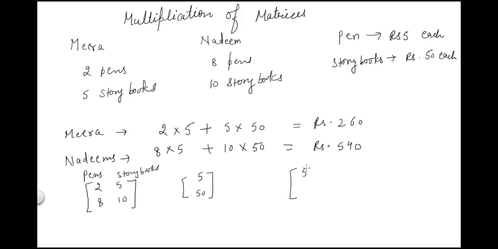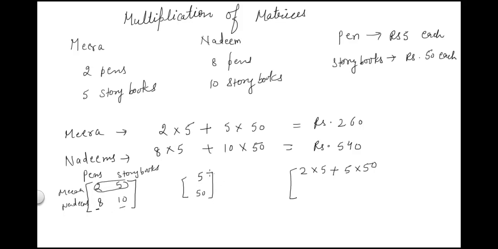How did we get that? 2 pens for each rupees 5, that is 5 multiplied with 2, plus 5 multiplied with 50. If you observe carefully, this row is the pens and storybooks by Meera, and the second is for Nadeem, the number of pens and number of storybooks.